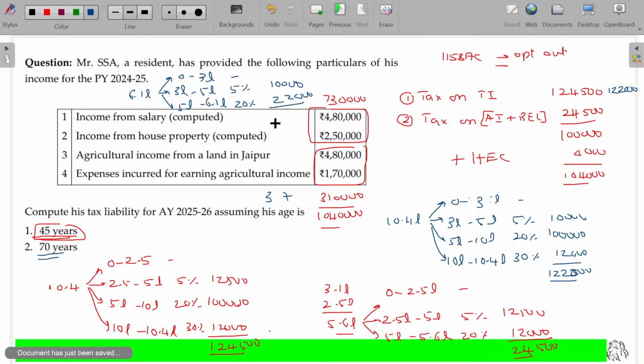Am I right? Isn't it? Total value being 32,000. 32,000 can be subtracted from here. Then the ultimate taxable value being 90,000. Add the health and education cess at the rate of 4%, which is 3,600. Finally, 93,600 is the final value.